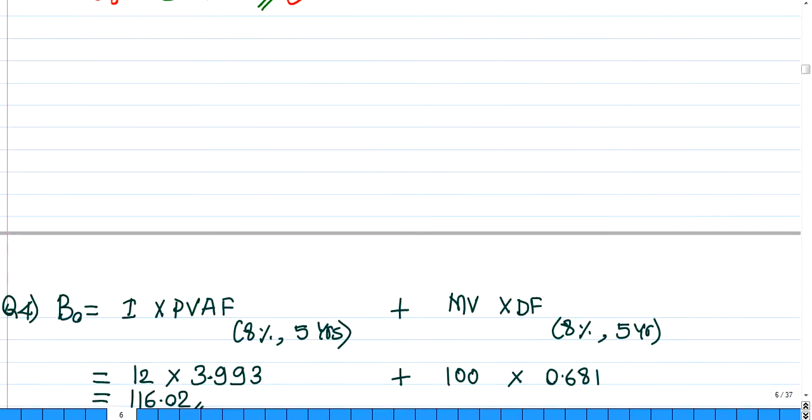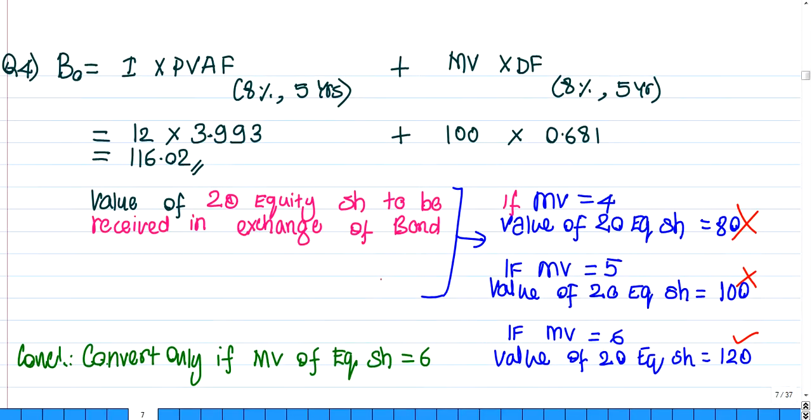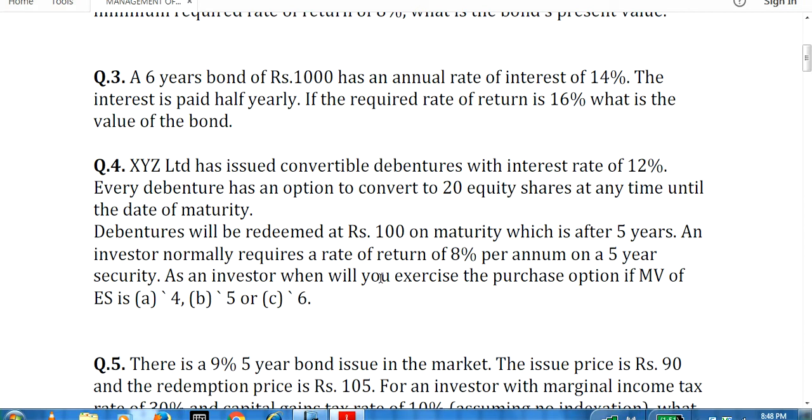Let's move on to question number 4. XYZ Limited has issued convertible debentures with an interest rate of 12%. Every debenture has an option to convert to 20 equity shares, one debenture to 20 equity shares at any time until the date of maturity.